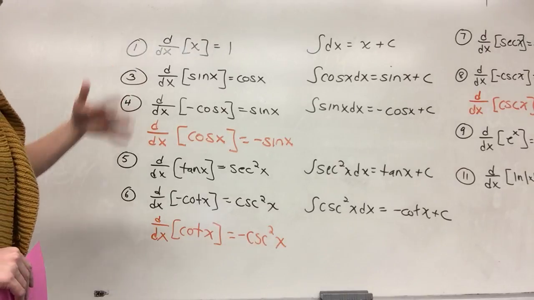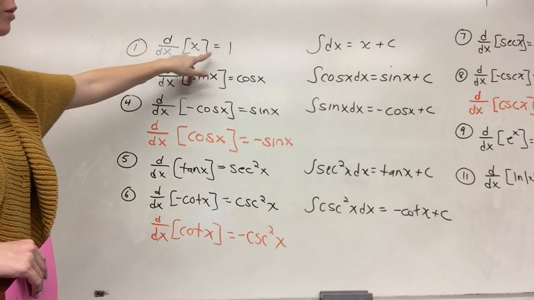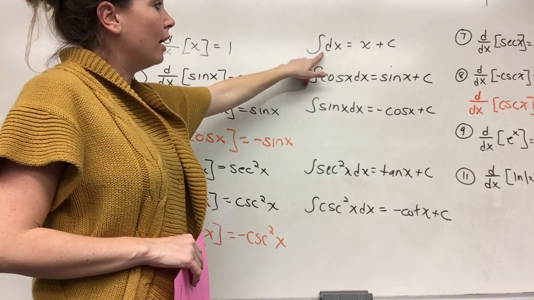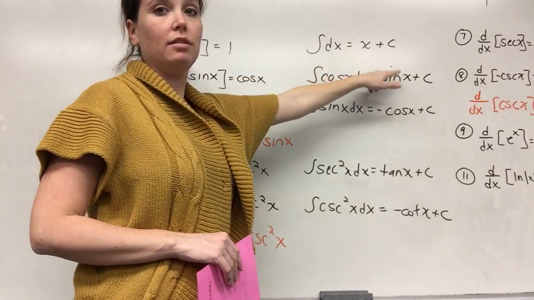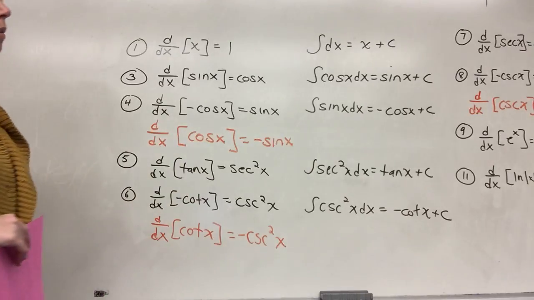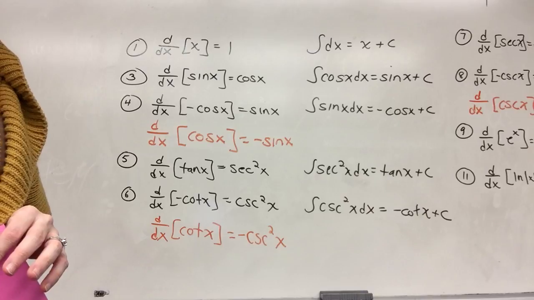As far as number 1, I did skip over it for a second, but the derivative of x is 1. Well, the integral of a constant would be x plus c, and you can still kind of see that switching of things. So we'll talk about this more in 6.1, but for now, let's just get that started, and then please take out your packet.